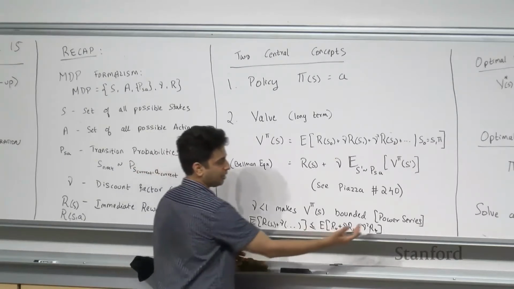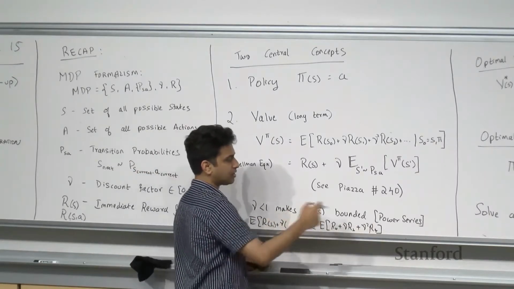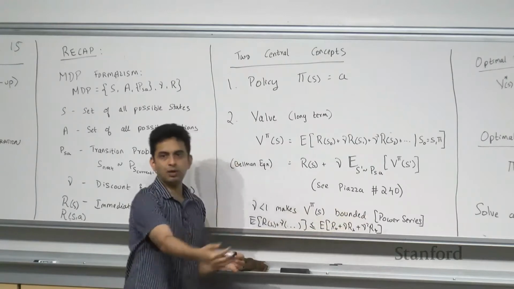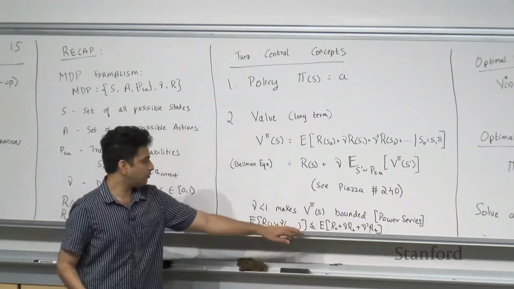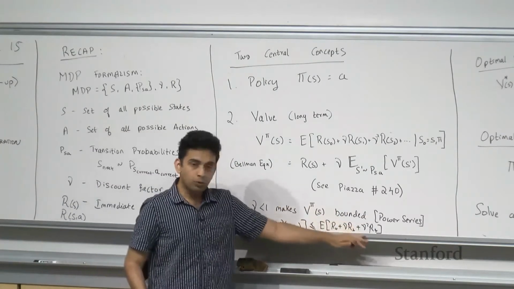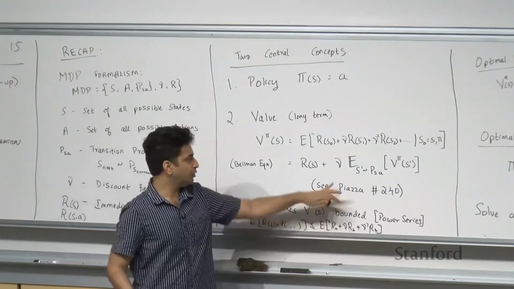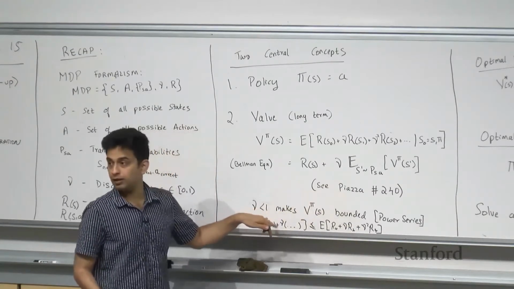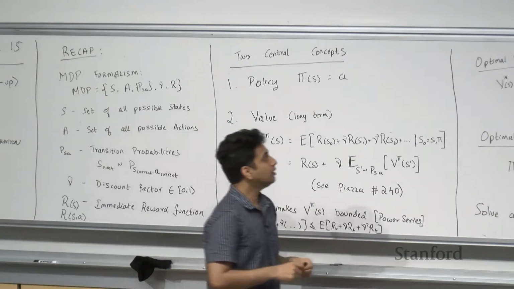And once you have this, you can take R star common and you get 1 plus gamma plus gamma squared and so on. That is bounded. So the expected sum of all future rewards will always be bounded if we use a gamma of less than 1, right?